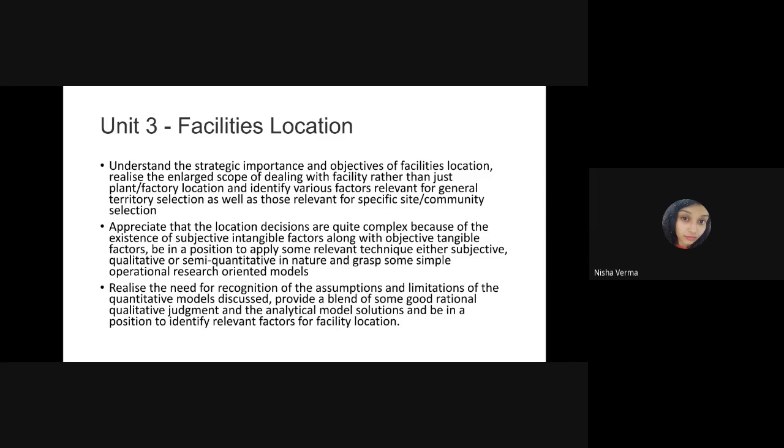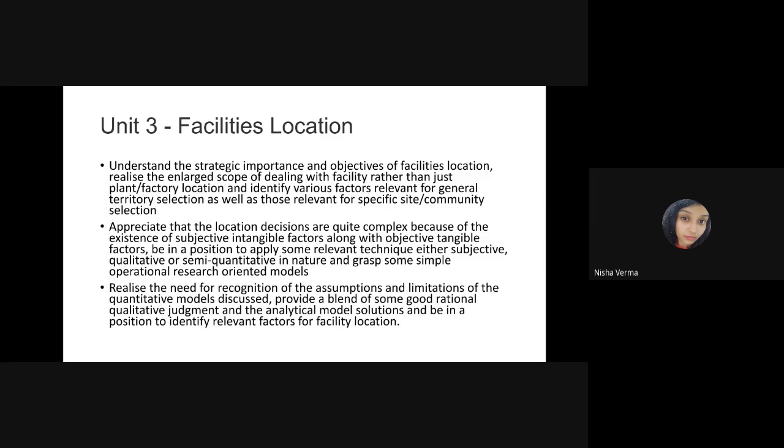The location decisions are based on a host of factors, some subjective, qualitative, and intangible, you can say, with some other objectives. And if I talk about it, traditionally location theorists have dealt with the industrial plant, you can say factory location.